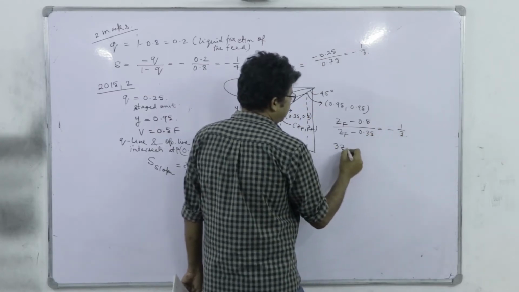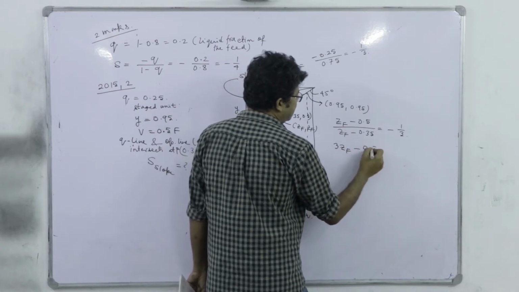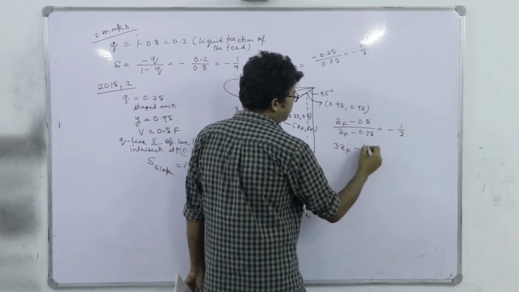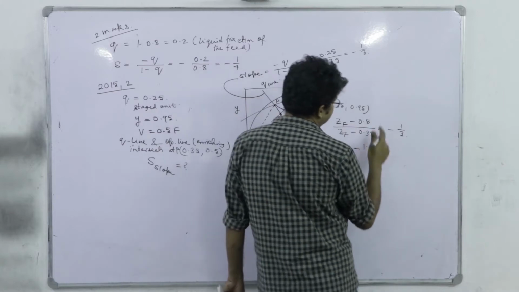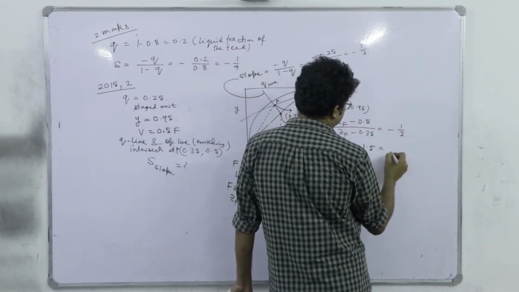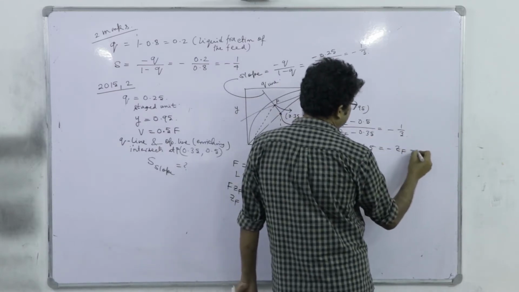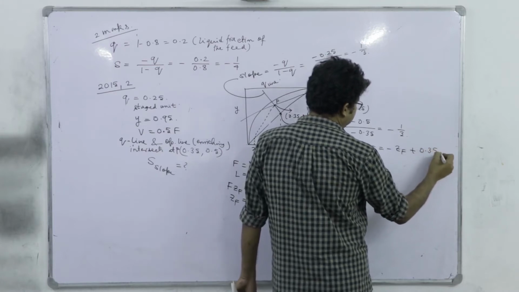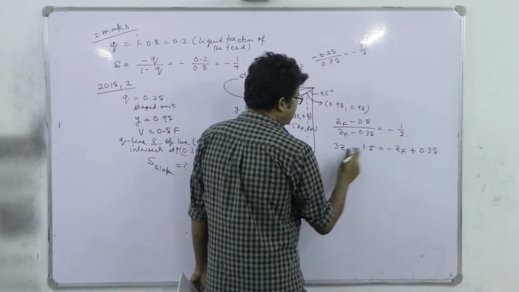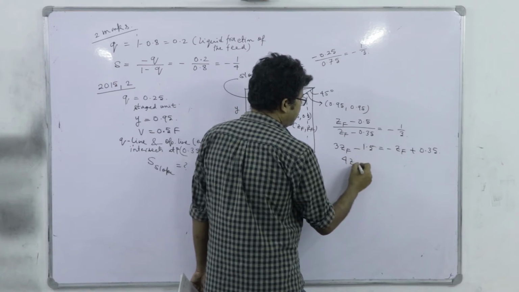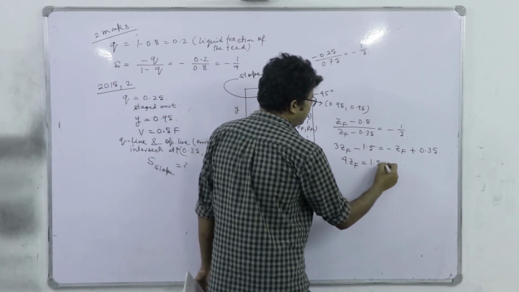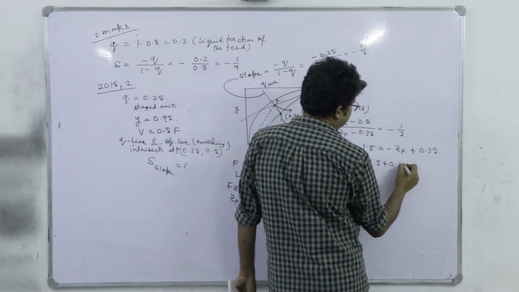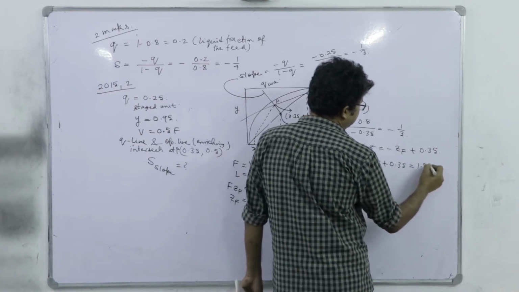So ZF minus 0.5, that is y, divided by ZF minus 0.35 is equal to minus 1 by 3. So 3 ZF minus 1.5, 3 ZF minus 1.5 minus ZF plus 0.35, right. So here 4 ZF becomes 1.5 plus 0.35, 1.85.